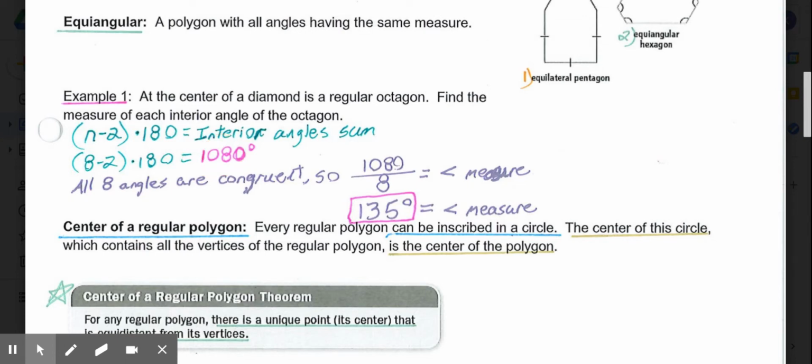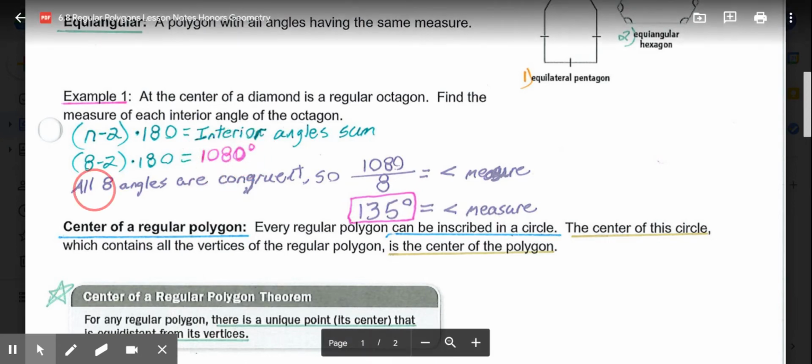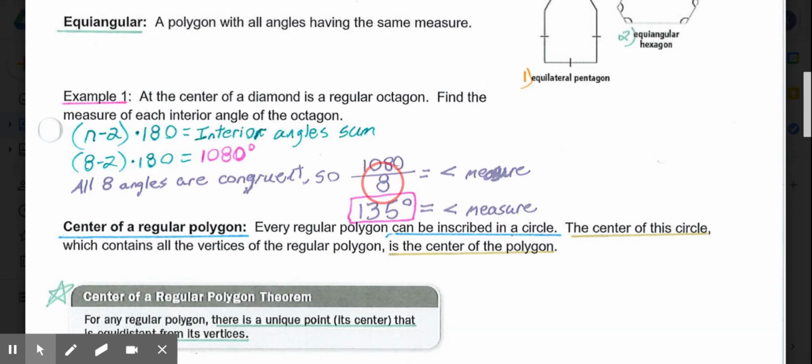So we know the interior angles of an octagon add up to 1080 degrees. Octagons have 8 angles, and because it's regular, they're all congruent. So the 1080 degrees divided by the 8 will give us each angle measure, which is 135 degrees.